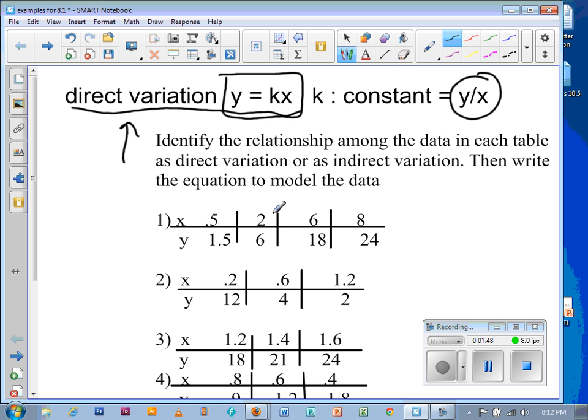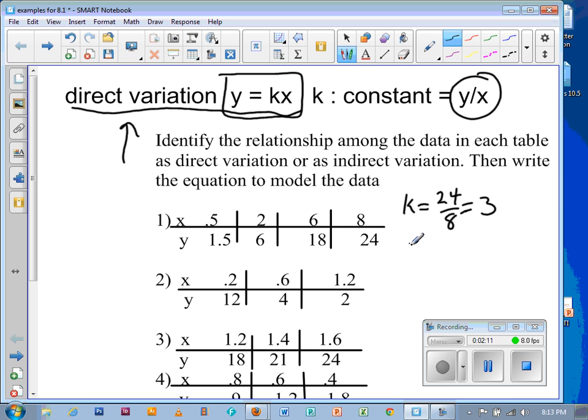So if the y value is going up and the x value is going up at a constant rate, which in this case is 3, then you have direct variation. And that constant is going to be y divided by x. You can pick any one of these points and divide them out like the last one. 24 divided by 8 will give us 3.